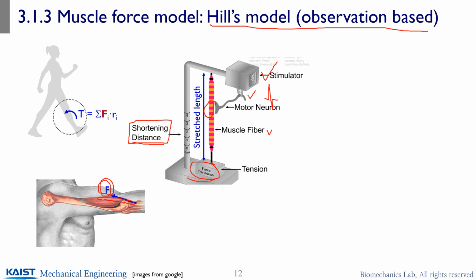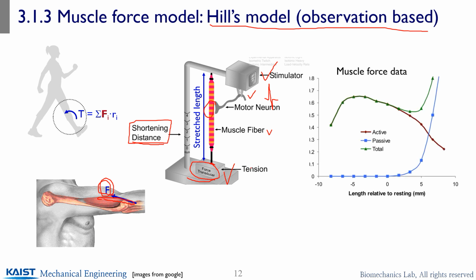That's how we examine how the muscle forces are related to the muscle length. Also, instead of adding a force transducer, you can apply a constant load, like putting a hanging mass on it. In terms of the magnitude of the load applied to the muscle, you can obtain the force-length curve, or the shortening distance and loading curve, etc.